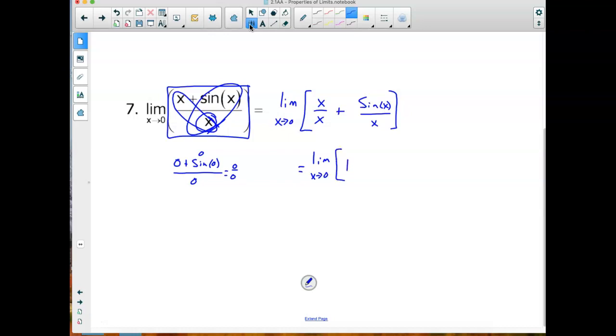Isn't that just a fancy way to say 1 plus sine x over x? The limit of a constant is a constant, plus the limit as x approaches 0 of sine x over x is 1. My limit is 2. Okay?